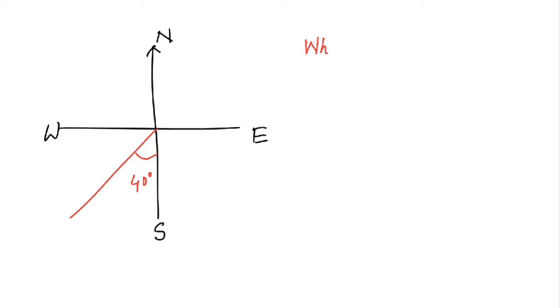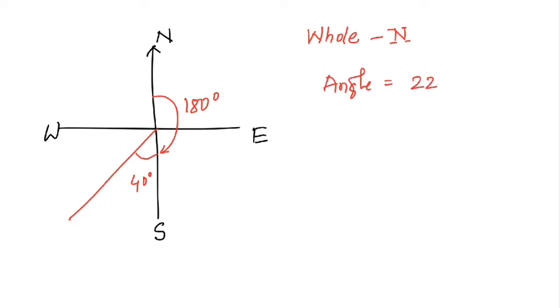In whole circle bearing, we'll measure the angles with respect to north. Okay, so from north the angle to this line is how much? This is 180 degree. So in a whole circle bearing, the angle is 220 degree.